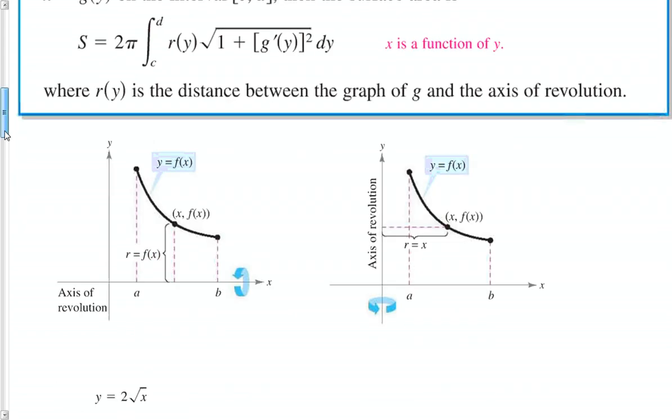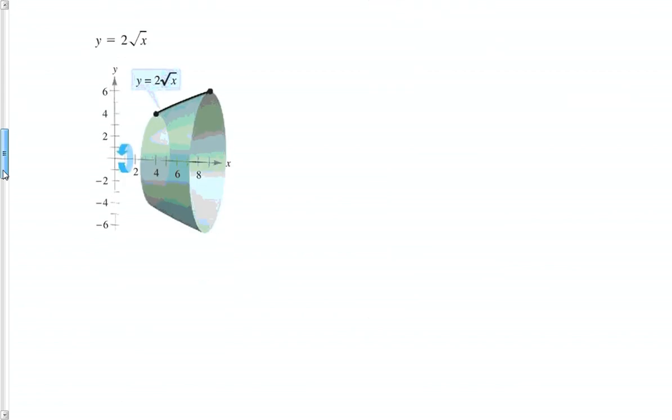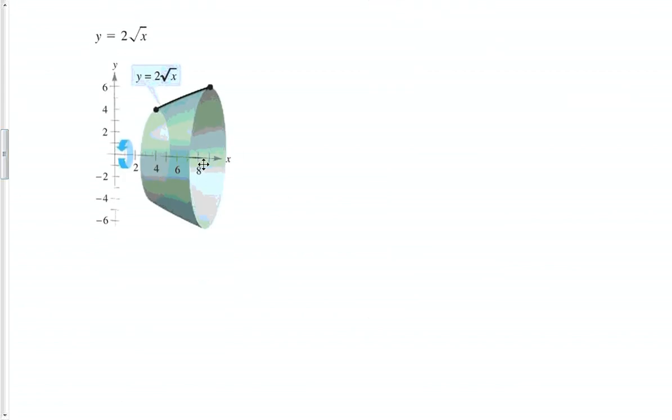All right, so let's go ahead and try to calculate the area of this surface of revolution. Well, the first thing we want to take a look at is the fact that this axis of revolution, we're revolving around the x-axis, that's a horizontal axis of revolution.